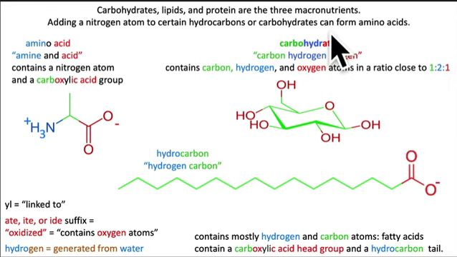Carbohydrate has carbon, represented in green, oxygen represented in red, and hydrogen when linked to an oxygen shown in red, and when linked to a carbon not shown. Hydrocarbon, well, hydrogen and carbon, and that's mostly hydrogen and carbons here. Fatty acids do have some oxygen atoms, but there's very few in comparison to amino acids or carbohydrates.